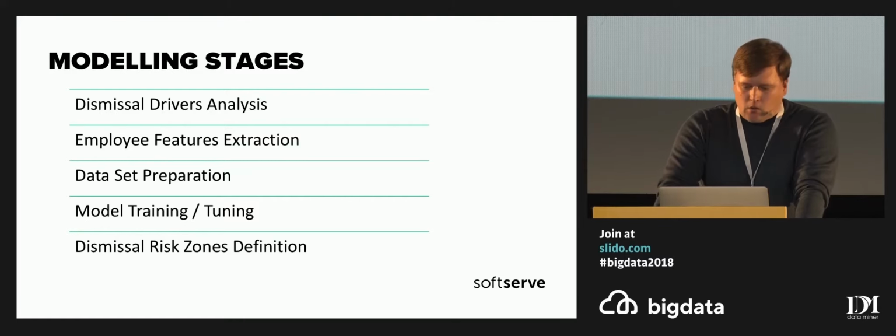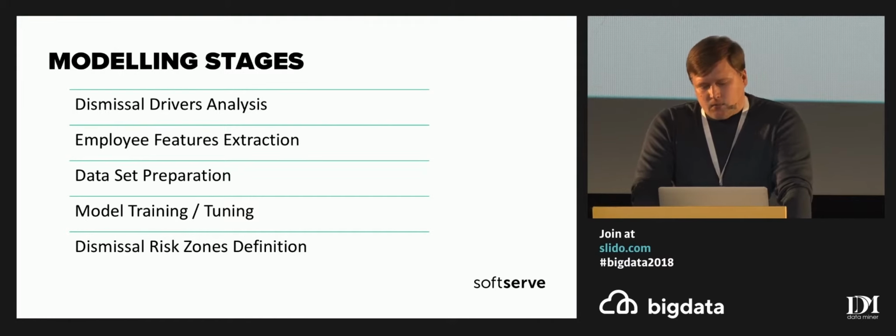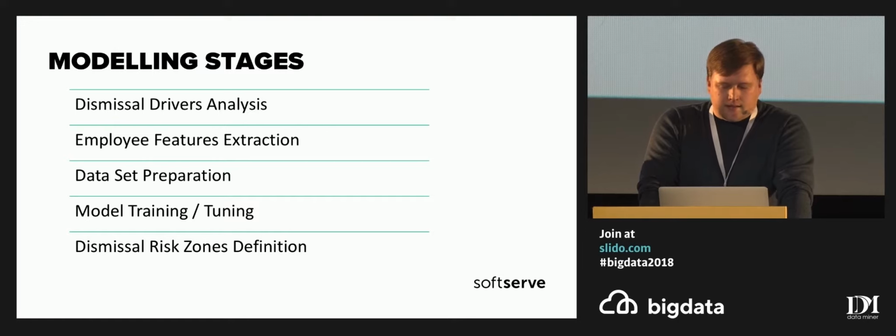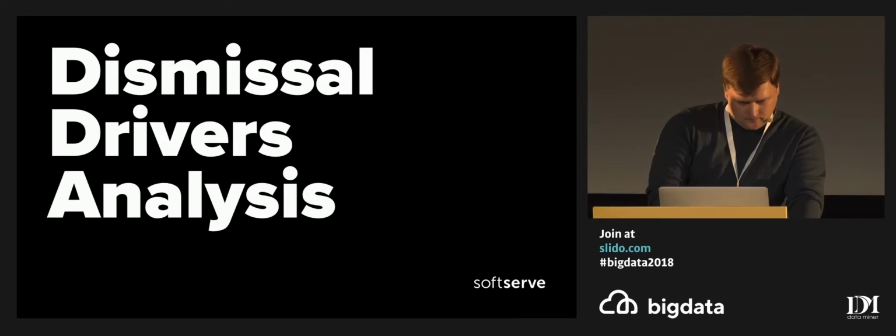After, we did a feature engineering stage using results of the data analysis stage, and after this we can prepare the dataset for a model, and the next stage is very important and interesting. This is building and tuning a model. In the end, we need to provide interpretation of our results for business, and we selected for this stage dismissal risk zones.